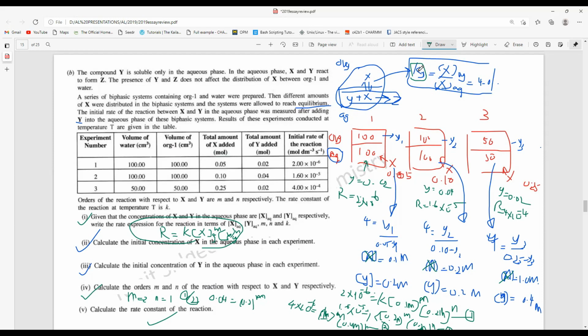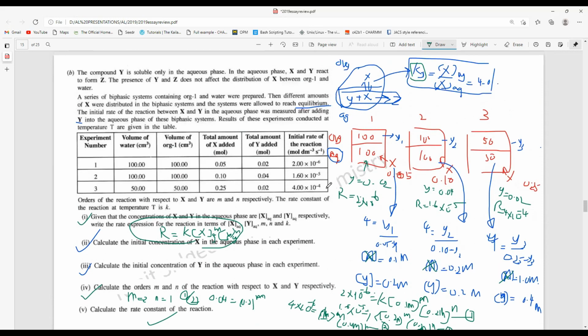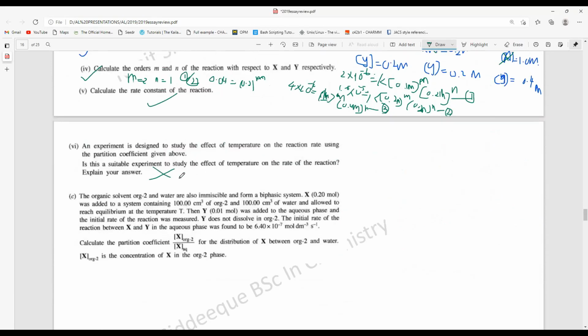One is the partition coefficient, and the other one is the rate constant. So you can't use this. This is not a suitable experiment because KD depends on temperature, so it will also change. Okay, you can explain it in that very simple way.